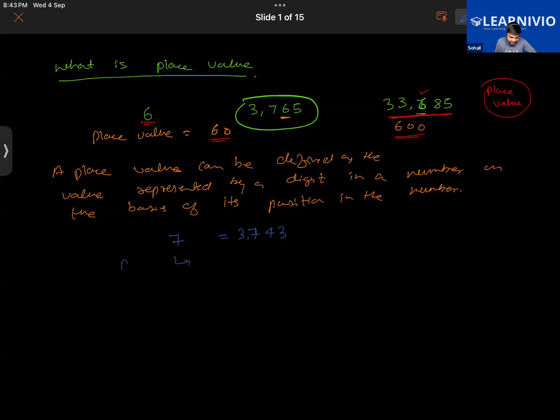What is the place value of 7 in 3743? 700. Exactly. Now take another number, 7432. Here the place value of 7 changes to 7000. So as the position changes, the place value changes.